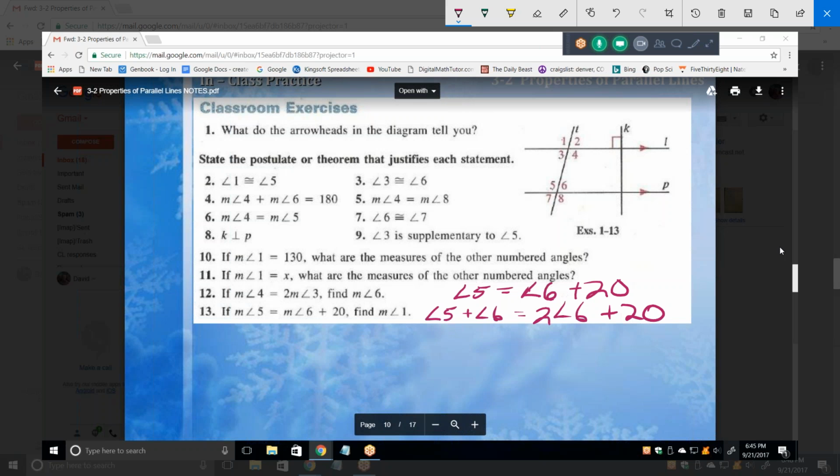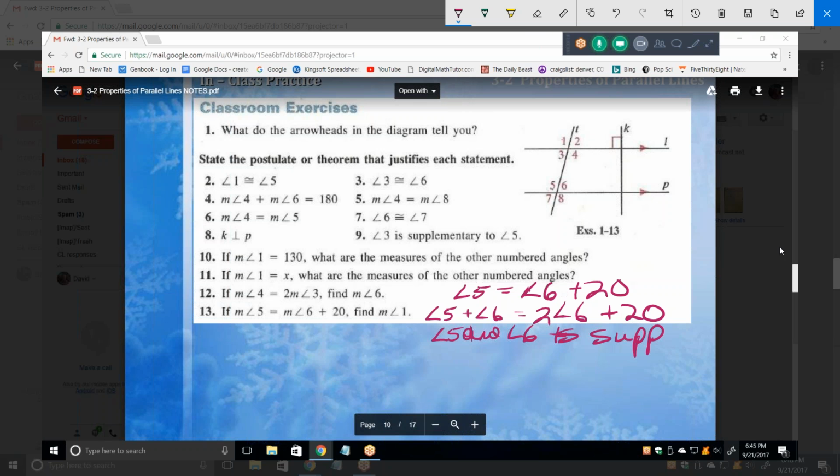Now, what can I say about angle 5 plus angle 6? They're supplementary. Correct? Angle 5 and angle 6 are supplementary, based on the consecutive angle theorem, which says they're always supplementary, same side, next to one another.